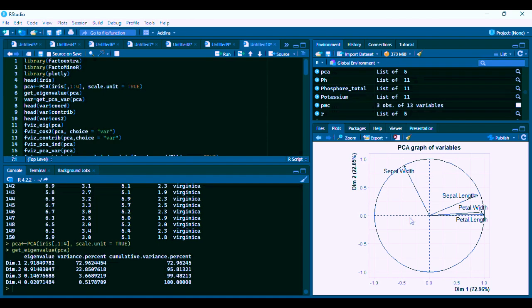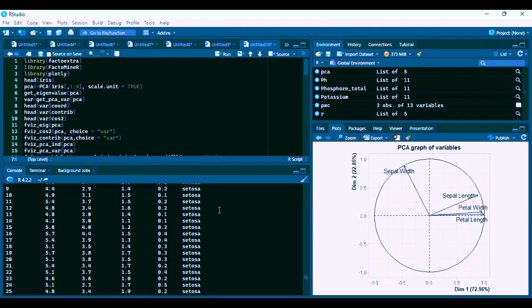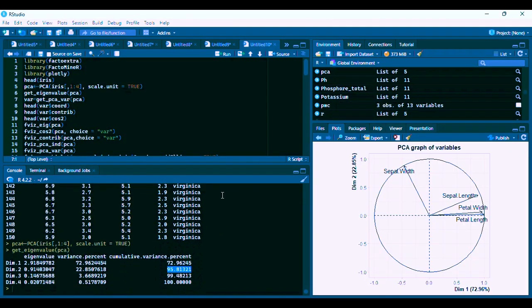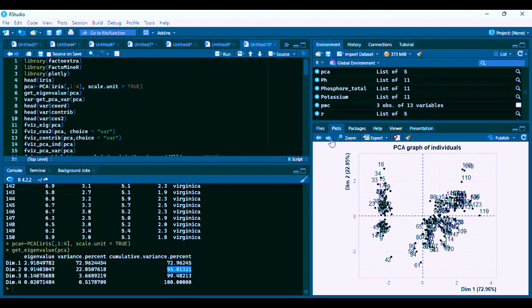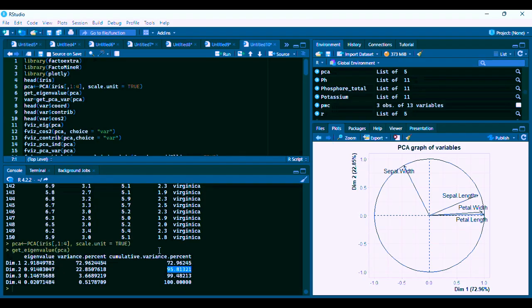So together, the first 2 dimensions explain more than 95% of the total variance, or the total information, of our dataset, which strongly justifies using only a 2D instead of a 3D PCA representation. This is clearly shown in this figure.